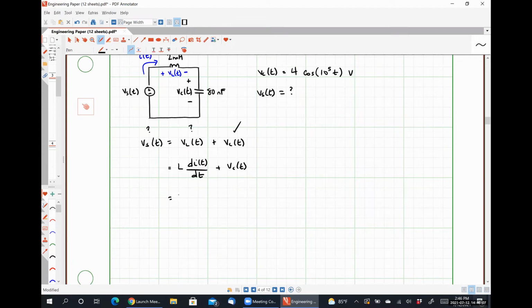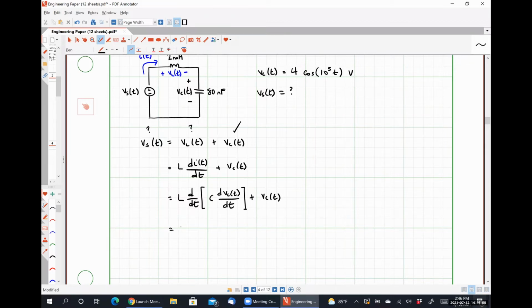So we're going to have L times the derivative with respect to time of, let's see, the current flowing through the capacitor, which is C times the derivative of VC with respect to time, plus VC of t, right?